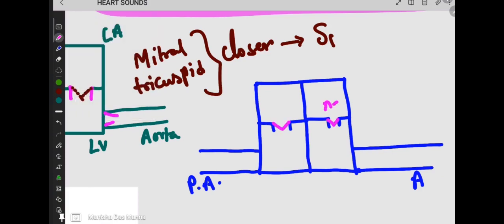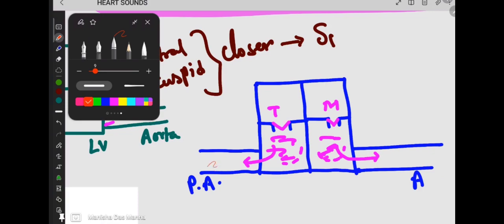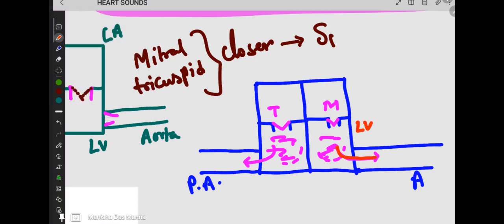The mitral valve and tricuspid valve close. Then the blood present inside the ventricle moves towards the aorta, and also towards the pulmonary artery. So blood from the left ventricle moves towards the aorta and from the right ventricle moves towards the pulmonary artery.